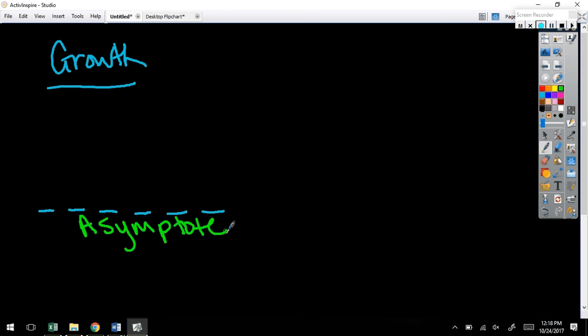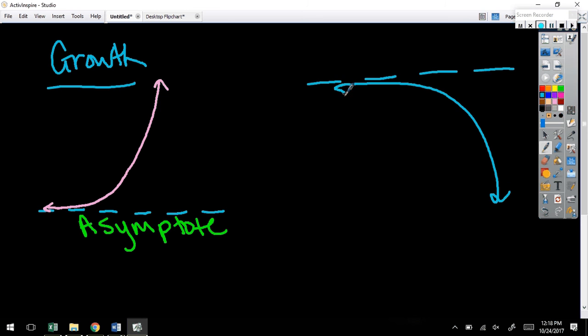So growth is going to look like it's going to hug this asymptote, and then it's going to start increasing very fast. Okay? Now it can look like this, and this is where it gets a little sticky. It can also look like that.